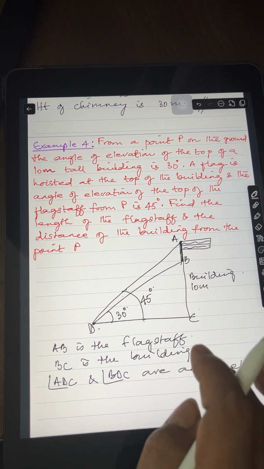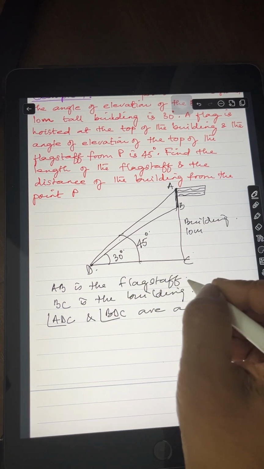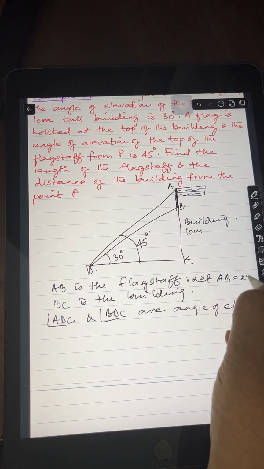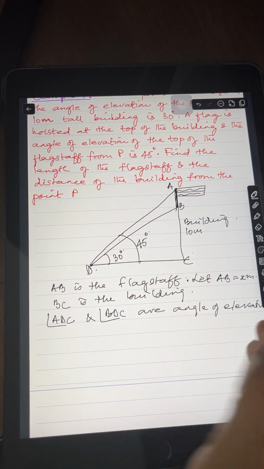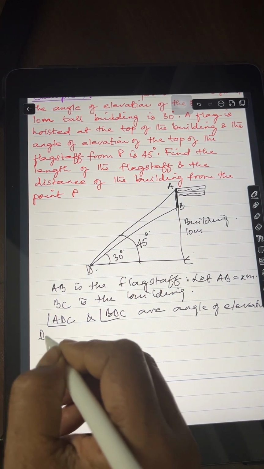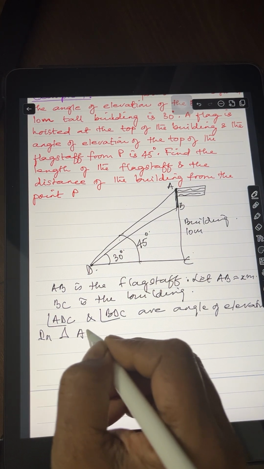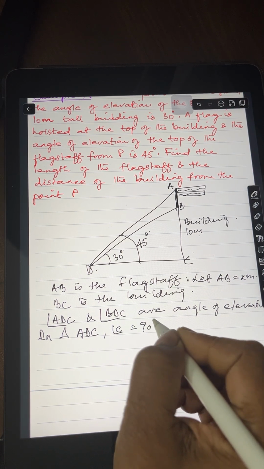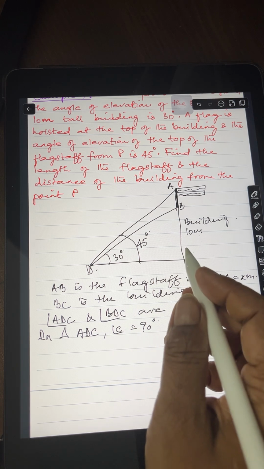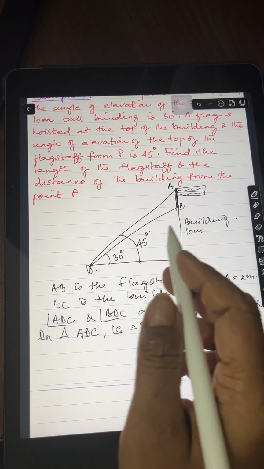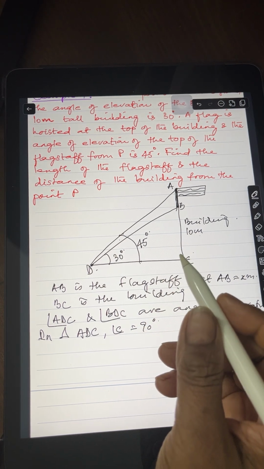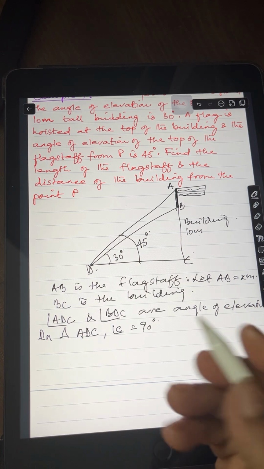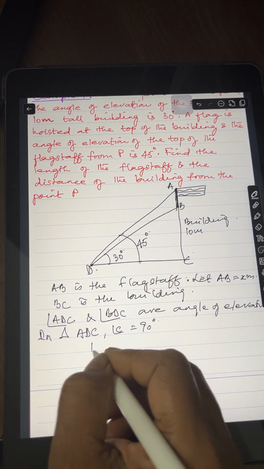Okay, now what you will have to do, you can say let AB is equal to x meter. Now in triangle ADC, angle C is equal to 90 degree. Why I am specifying this is that only when it is a right angle triangle you can use trigonometry. Okay, so angle C is 90 degree. Now you can take 45 degree. Which trigonometric ratio will you take?